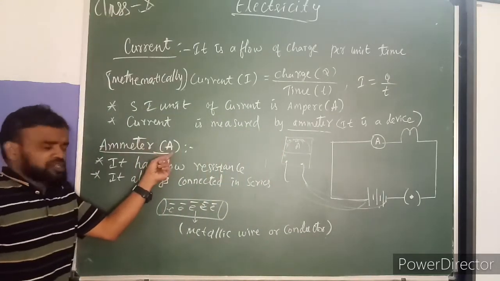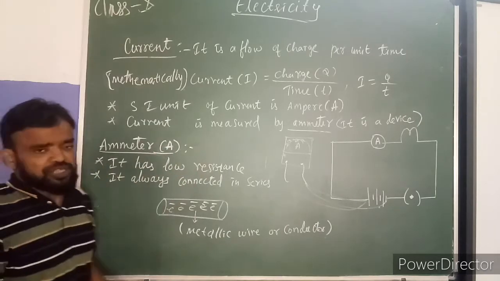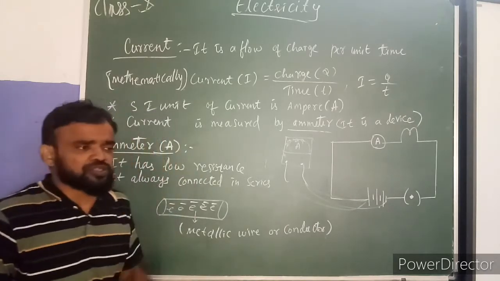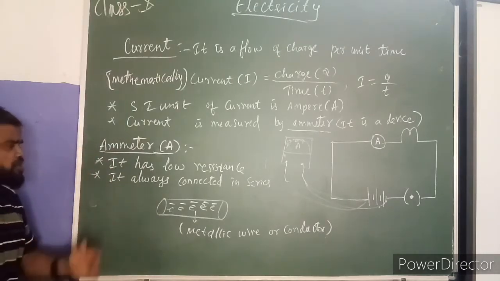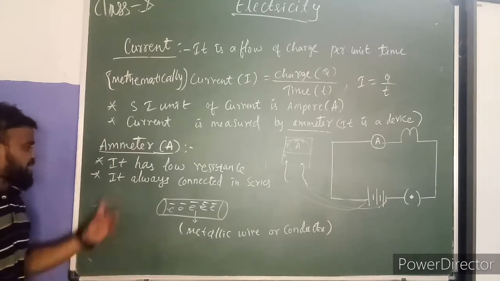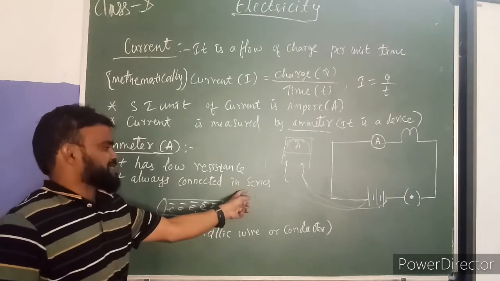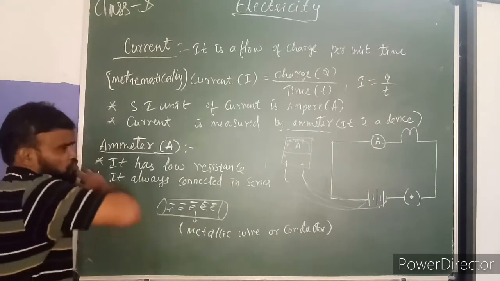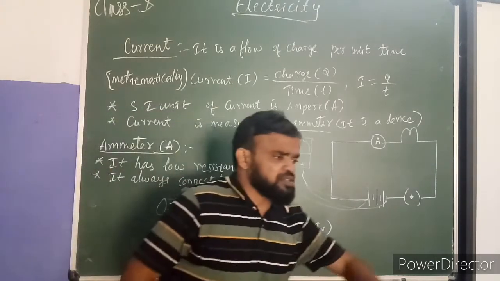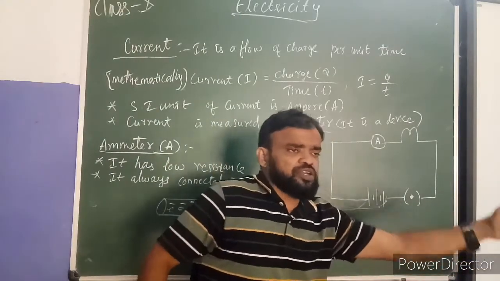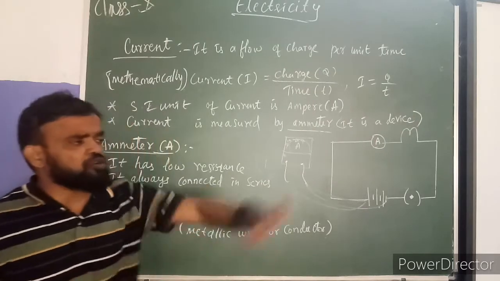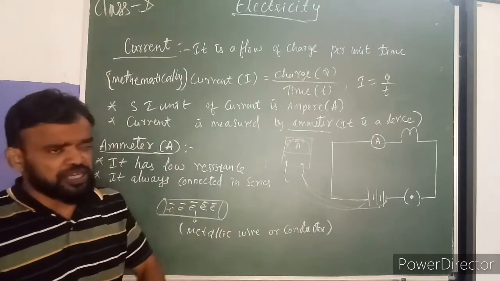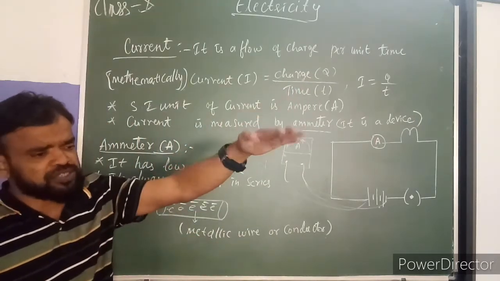The symbol of the ammeter is A. It has low resistance, and it measures the flow of current. It is always connected in series. Series means one after another, for example in one row, three to four of them standing.